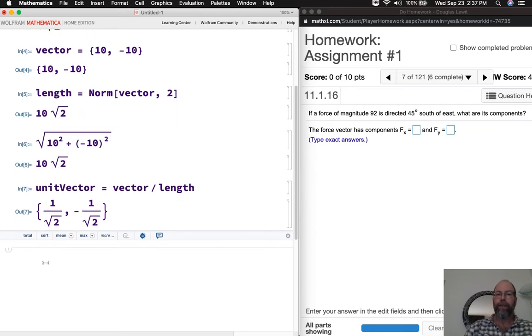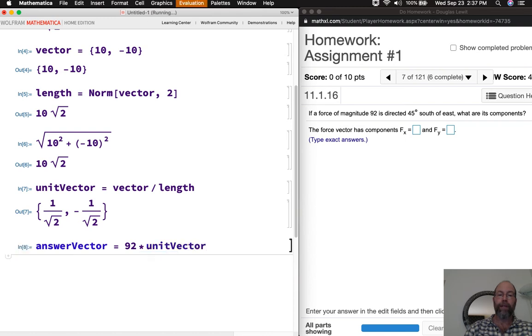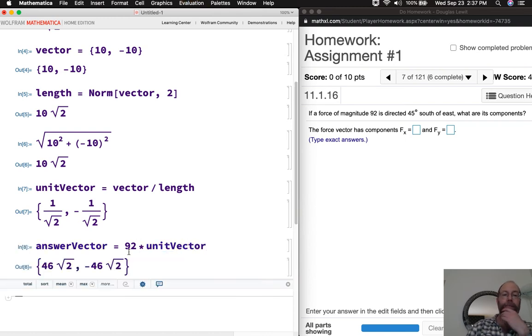So that's my unit vector, and then we have to multiply by 92. So the answer vector is going to be 92 times the unit vector, and that's going to be 46 times the square root of 2 in the x direction, and negative 46 times the square root of 2 in the y direction.